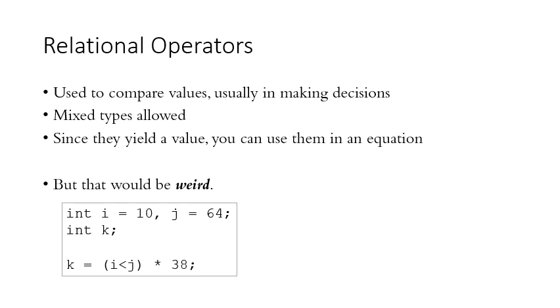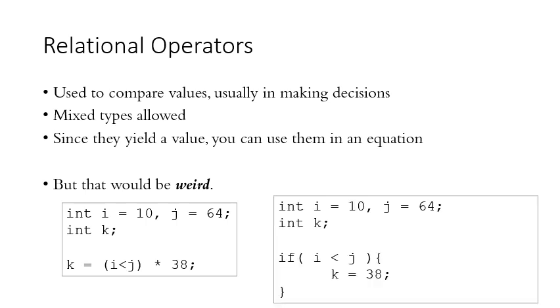Alternatively, you can write it this way: we assign 38 to k only if i is less than j. So again, please try to avoid embedding relational expressions in your assignment operations.